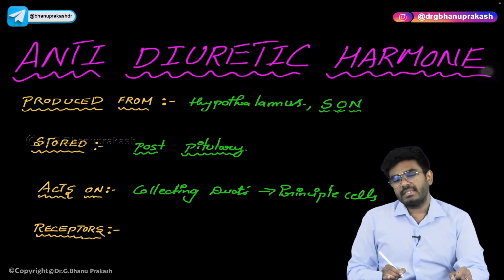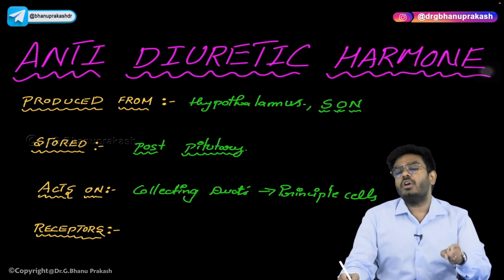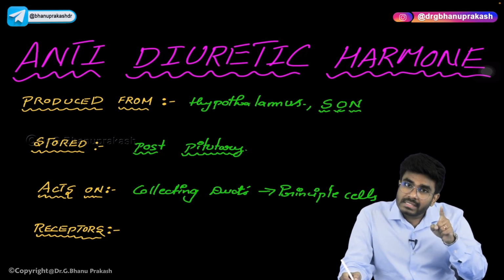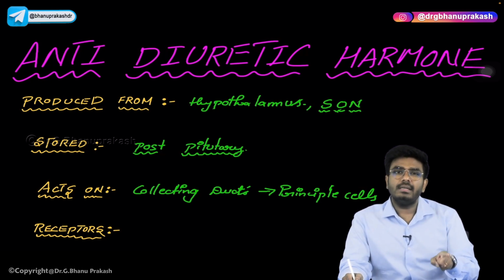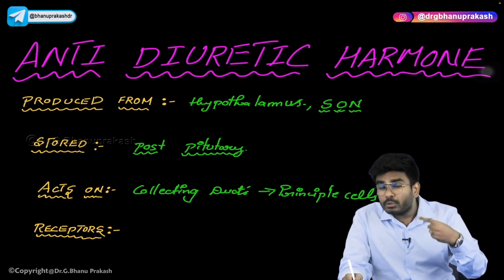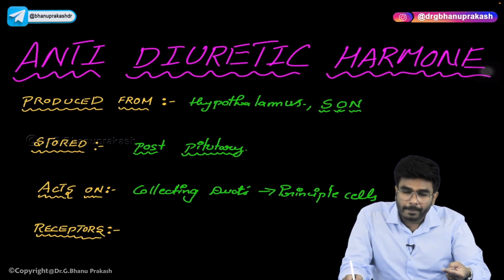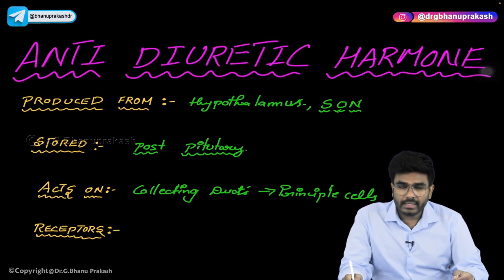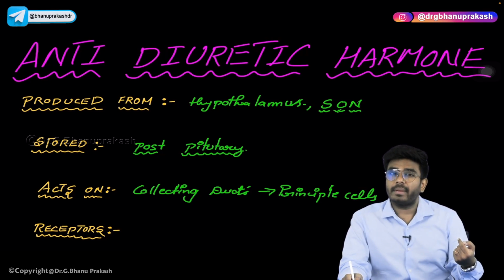Now, on the principal cells, what is the receptor for the antidiuretic hormone? Please try to recollect, aldosterone has an intracellular receptor. Aldosterone is a steroid, it crosses the cell membrane and enters the cell, and its receptor is present inside the cytoplasm. But antidiuretic hormone is not like that. It is not a steroid, so it cannot cross the cell membrane.